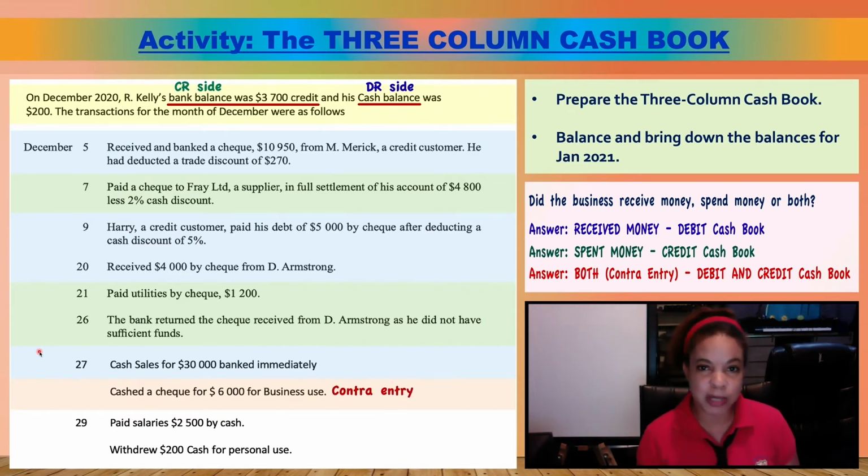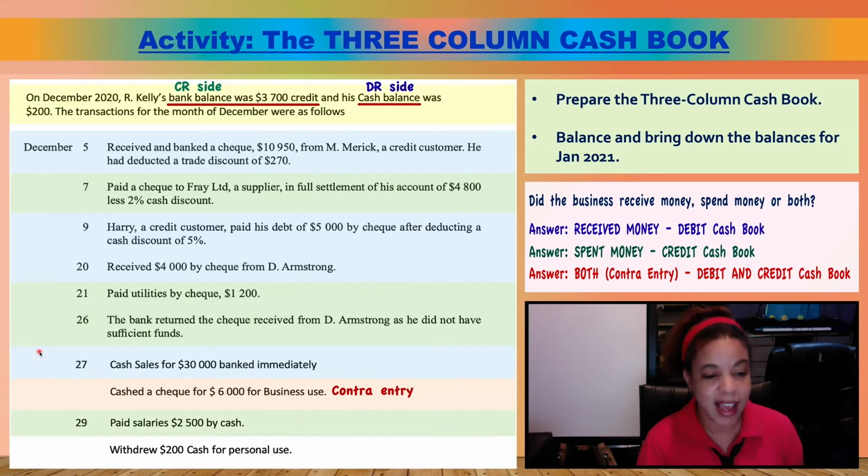So when we go to put it in, we know that it has to go on both sides. And then we have the 29th, paid salaries, $2,500 by cash, paid, credit side. And then last, on the 29th as well, withdrew cash for personal use, that is drawings, always decreasing the money the business has. So that will be on the credit side.